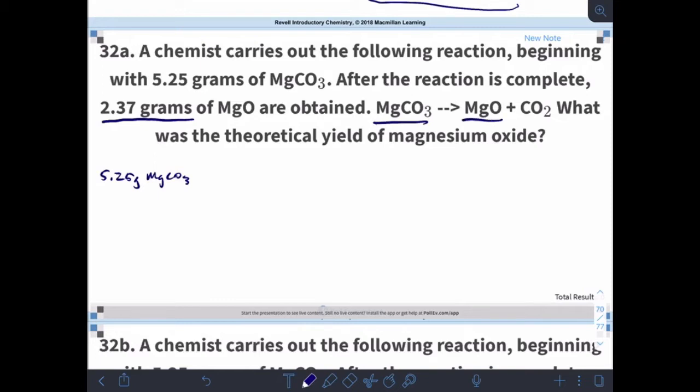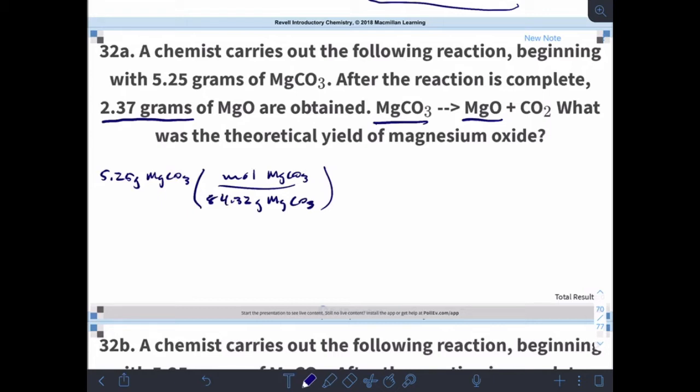So my first task is to get to moles. So I'm going to use molar mass, and it was 84.32 grams of magnesium carbonate per mole. That's the molar mass of magnesium carbonate. And again, just as a refresher, we calculate the molar mass of 1 magnesium, 1 carbon, 3 oxygens, and it comes out to be 84.32.